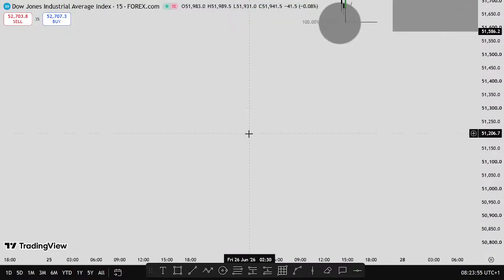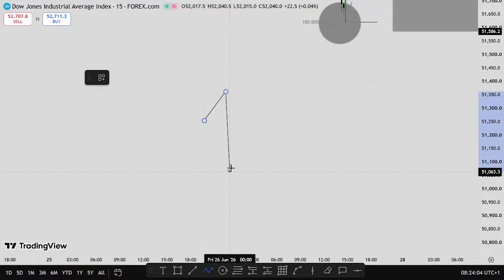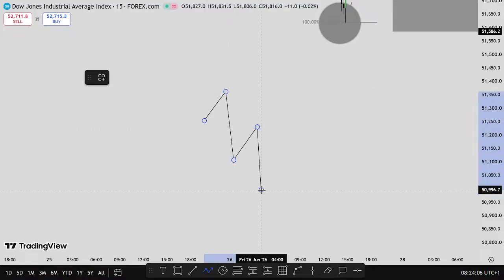Let me just explain displacement, because some people might be listening for the first time. The way displacement works is this. You have price drop down like this, let's say like this.